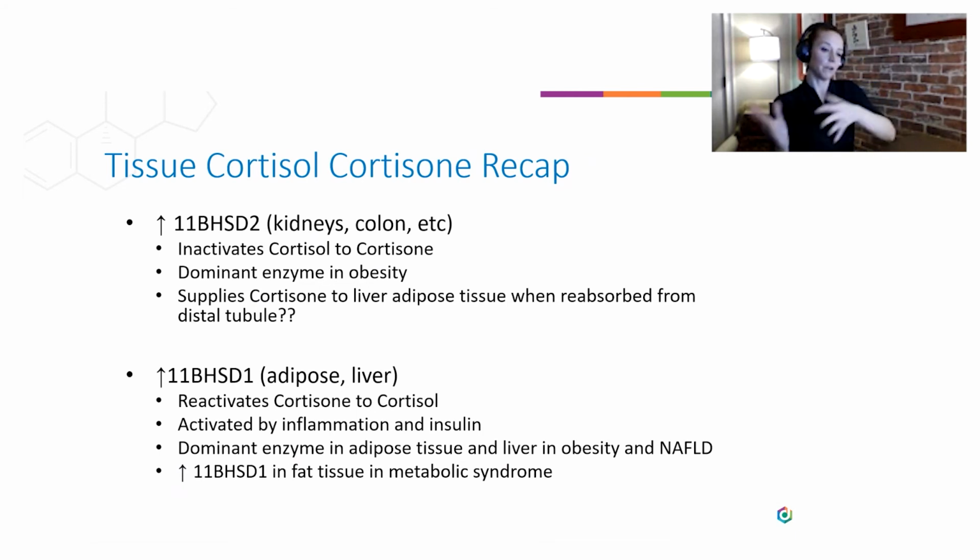So if you're inactivating cortisol to cortisone, when we're looking at the diurnal patterns, we're looking at that free cortisol and free cortisone. I'm thinking of our male patient with the lisinopril on board, where he's converting over into cortisone. If he's doing that in the renal tubule and reabsorbing that cortisone, and that cortisone is going to the liver, could that be adding to part of the problem and fueling the fire of his adipose tissue accumulation in the liver?